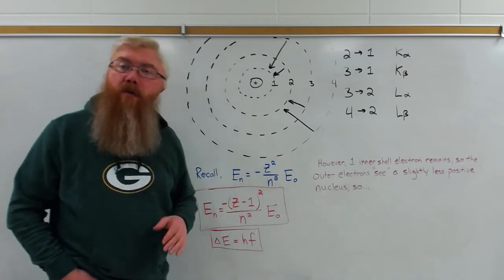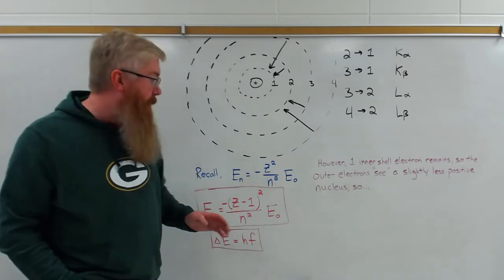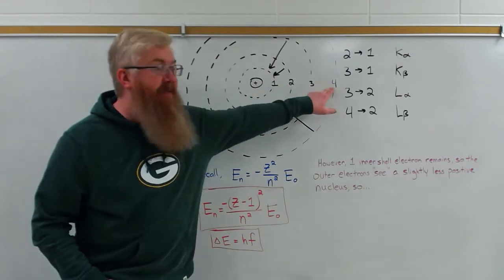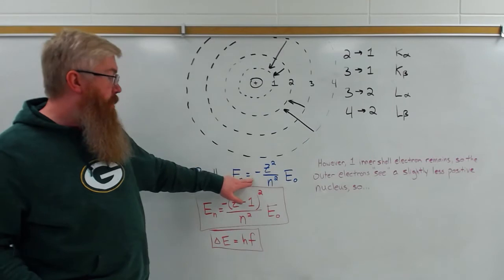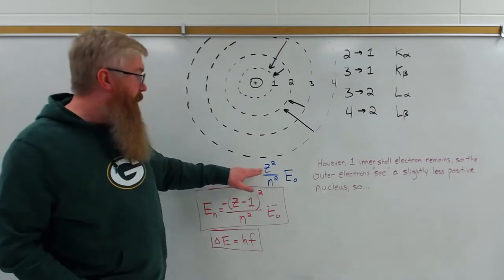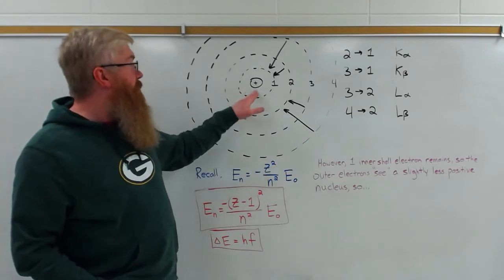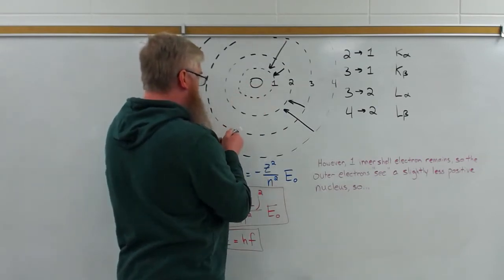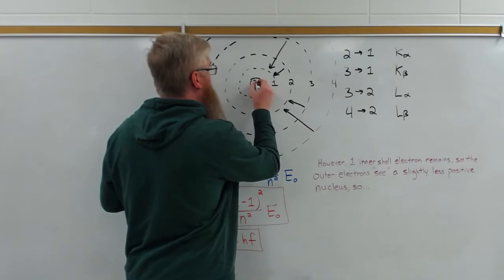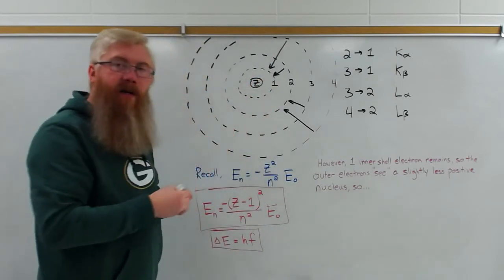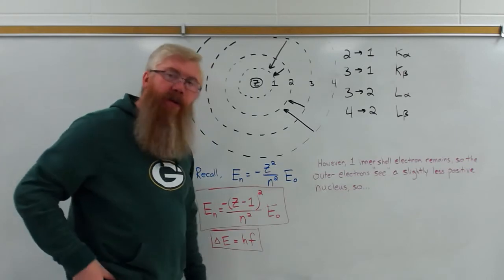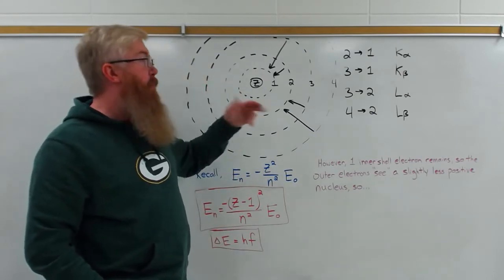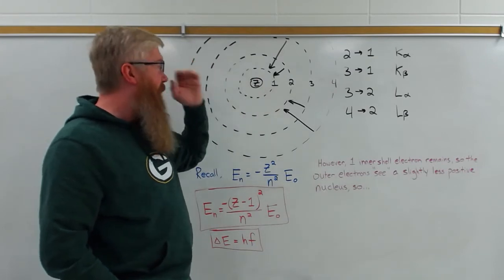Now, if you recall, when we looked at Bohr's model of the atom, the energy of the electron in some orbit n, where n is 1, 2, 3, and 4, is equal to negative, because it's a bound orbit, Z squared, where Z was the number of protons in the nucleus. So here we had Z. For hydrogen it was 1, helium 2, lithium 3, beryllium 4, boron, carbon, nitrogen, oxygen, and so on.